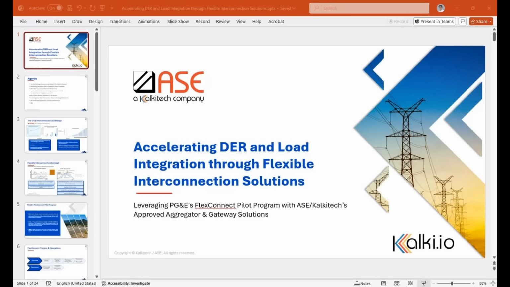Following that, we'll dive into how the program works, looking at the operational process of FlexConnect and illustrating the real world benefits through specific case studies. We'll also explore how participating in FlexConnect helps in unlocking value beyond just the initial connection, also enabling opportunities for revenue stacking through other grid services and optimizing the asset performance as well.